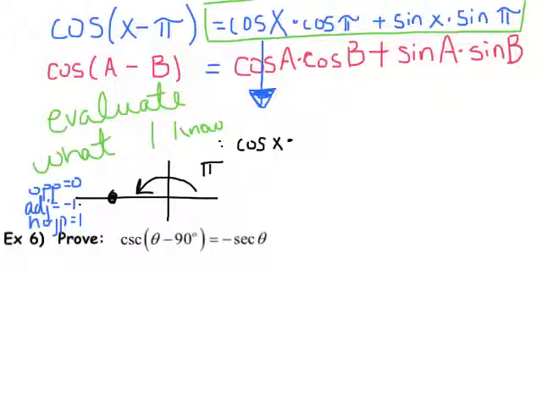Now, cosine of pi, I know is equal to adjacent over hypotenuse of pi. So the adjacent is -1, the hypotenuse is 1. So -1 over 1 is -1. Now sine of x, again, there's no way to evaluate if I don't know what x is.